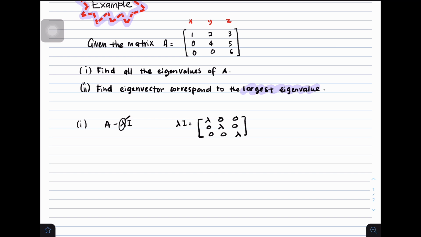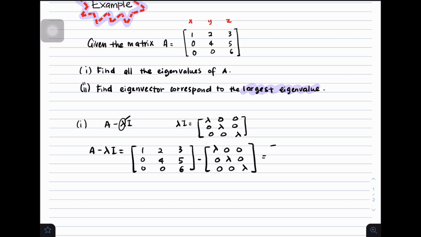So now A minus lambda I will give you the matrix A, which is 1, 2, 3, 0, 4, 5, 0, 0, 6, minus lambda I, which is lambda 0, 0, 0, lambda 0, 0, 0, lambda.